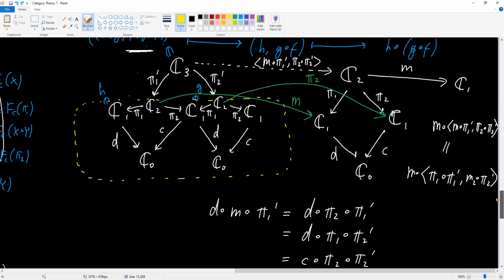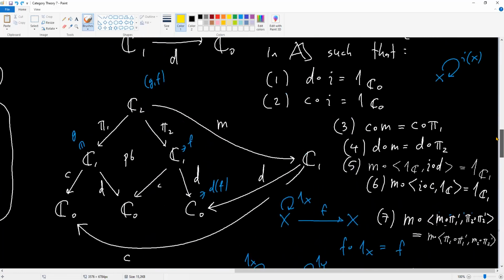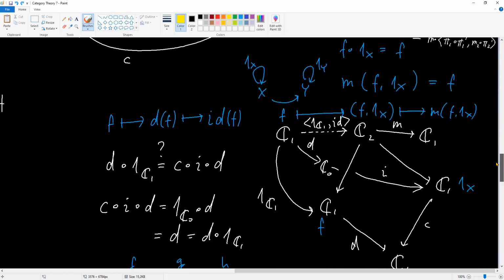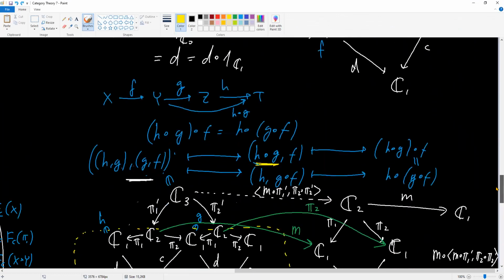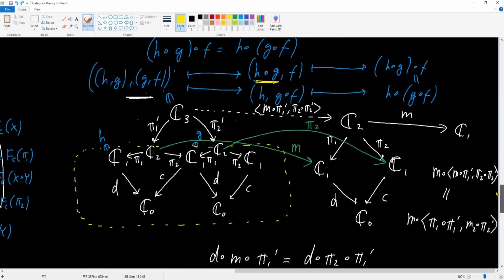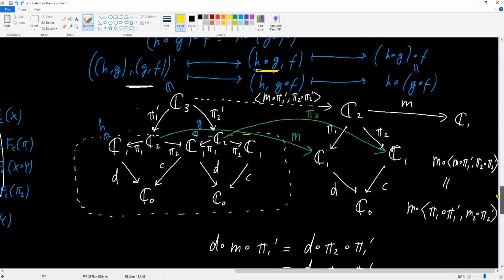To define an internal category, we have to have pullbacks, yeah? Yes. And this was kind of the first encounter with actually working with pullbacks, and that's what made it very confusing, because we didn't practice enough working with pullbacks, and now suddenly we made use of them.